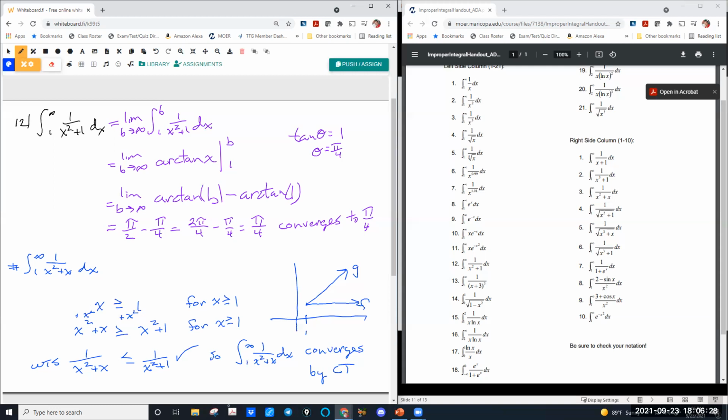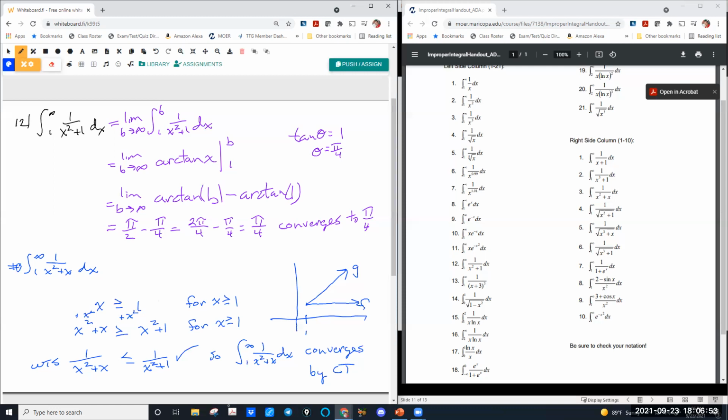So that's how the worksheet is intended to be used. We may not have time for it today. We'll see what we want to do next. But first, questions about this problem. What we did is we calculated one, found it was convergent. Then we used it in our comparison test to prove that the other one was convergent.